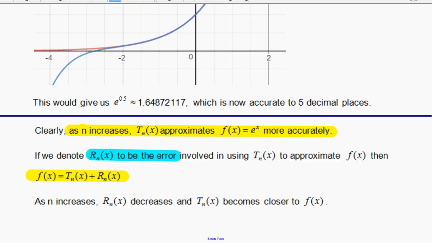T sub n of x is the Taylor polynomial up to the nth degree, and R sub n is the error that arises from that approximation. So as n increases, the error decreases, and our Taylor polynomial becomes closer and closer to f of x, as you've seen from the diagram that I've shown you.